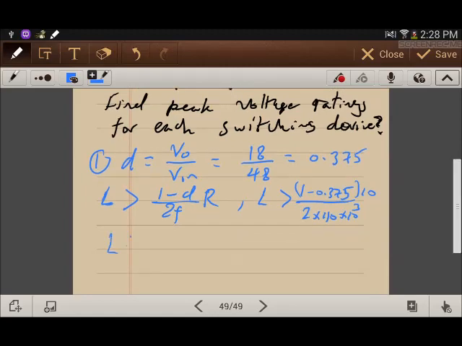So L should be greater than 78.12 microhenry. So I will multiply this inductance by 1.25. So I will get the minimum inductance needed for this converter is 100 microhenry.